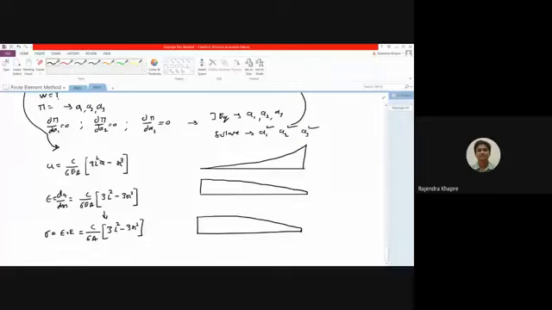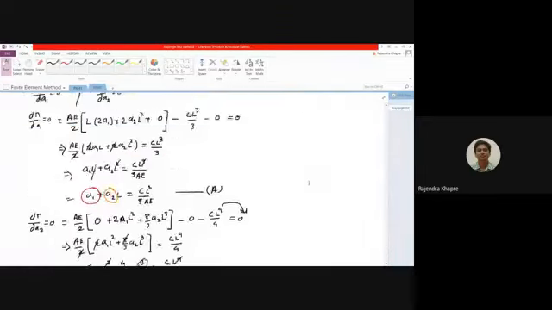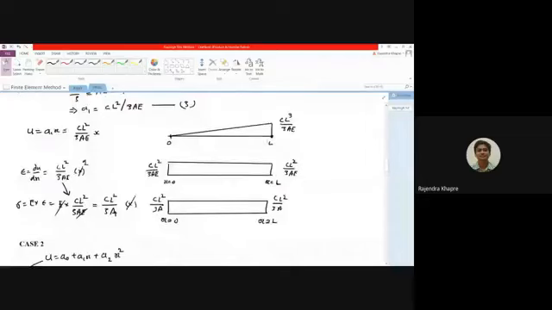So you see 3 figures. This is the first figure. The displacement is increasing, the strain is constant, and the stress is also constant.